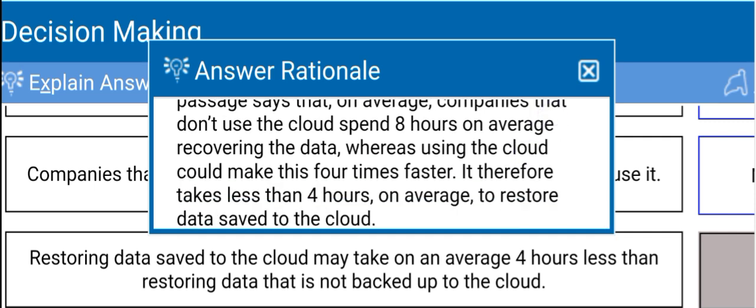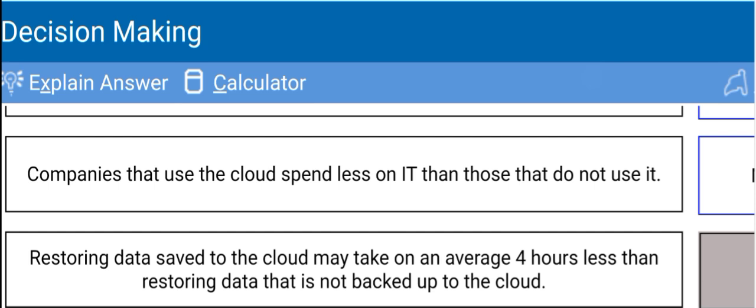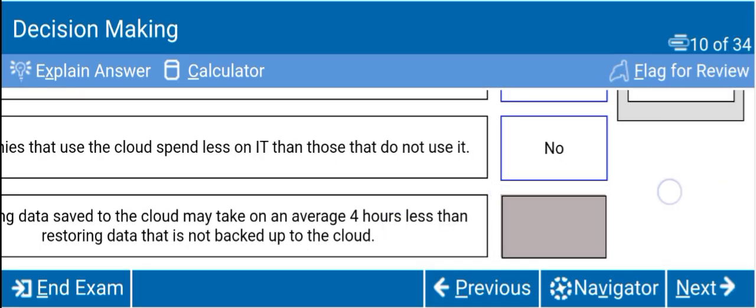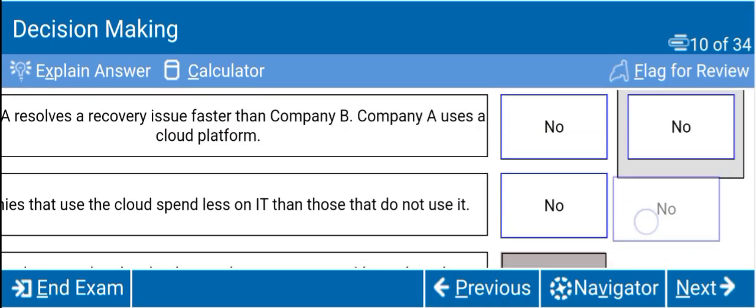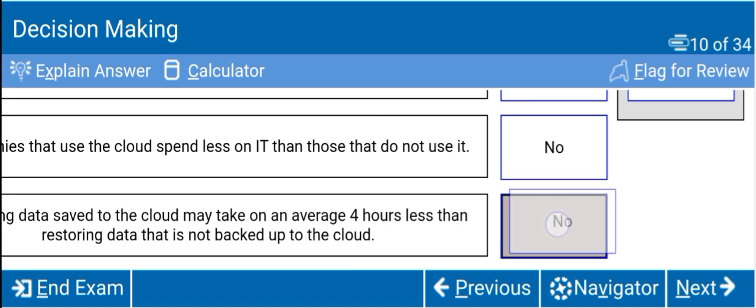It therefore takes less than 4 hours on average to restore data saved to the cloud. So here we have the fifth conclusion, which does not follow the statement of the question. So we will drag a no and drop it here.